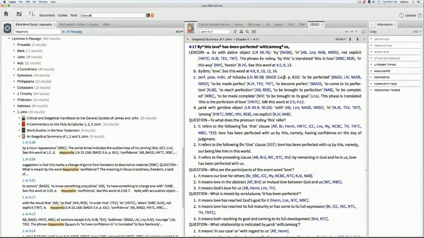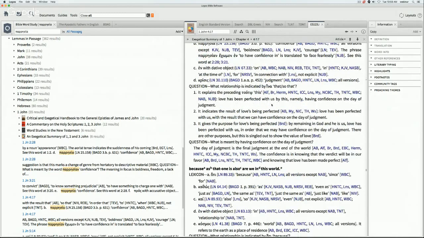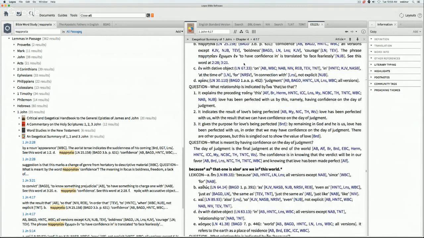And the benefit of the Exegetical Summary is that it doesn't do all of the work for you, but it does summarize what the different possibilities of what this word means are, and which Bible translations and lexicons and commentaries take different positions. So we look at parousia in 1 John 4:17.